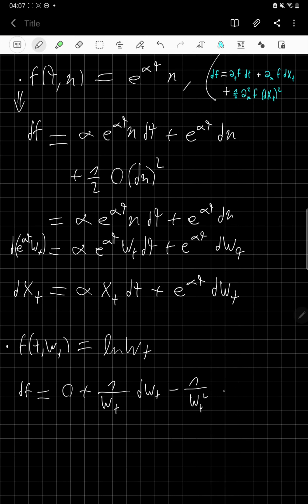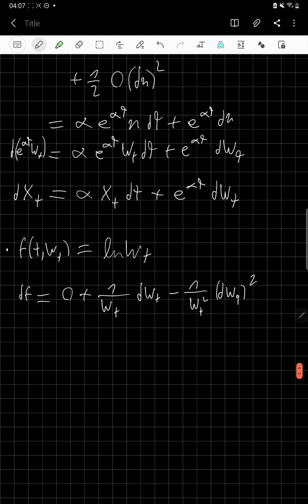Sorry, this is already the second derivative, times dx squared, so dWt squared. So this is just going to be equal to minus 1 over Wt squared dt, plus 1 divided by Wt dWt.